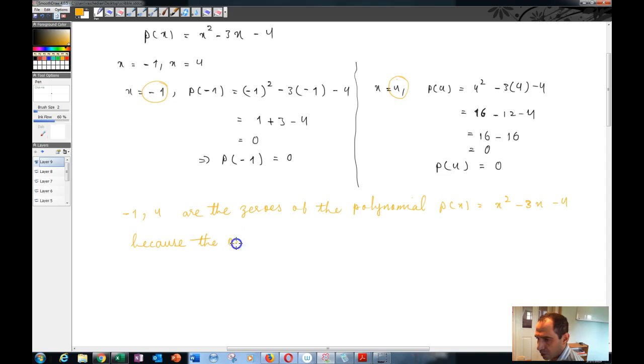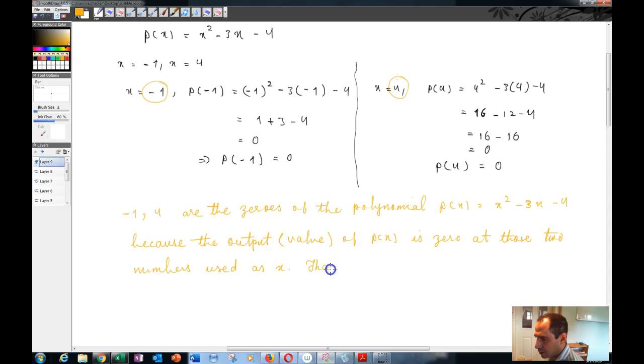because the output, or the value, of p of x is 0 at those two numbers used as x.